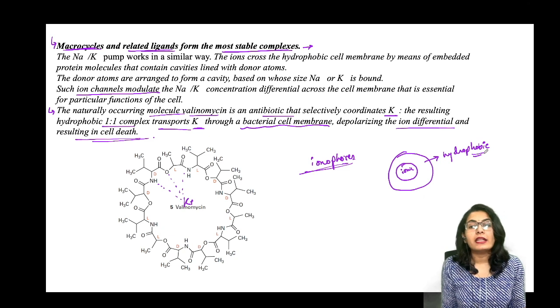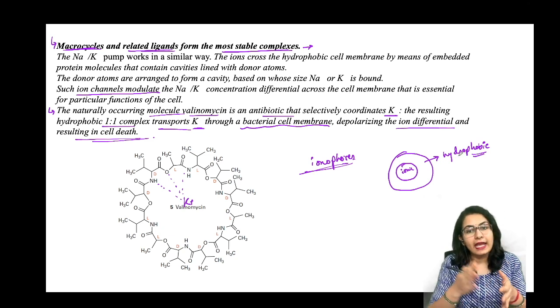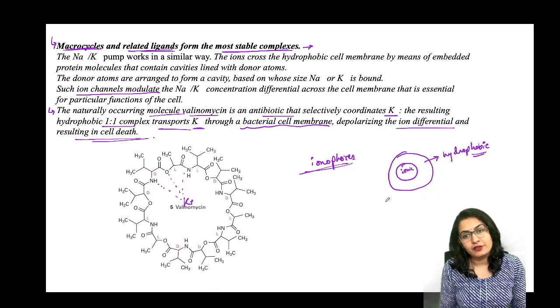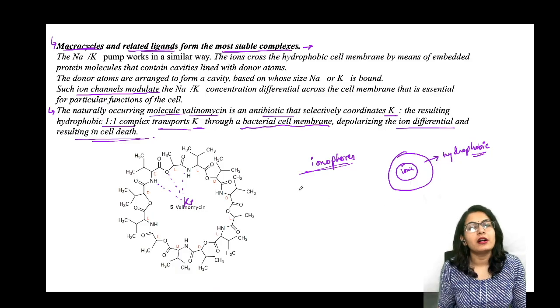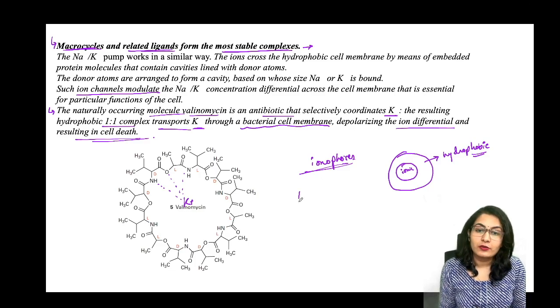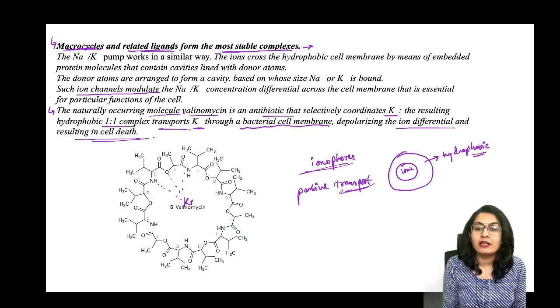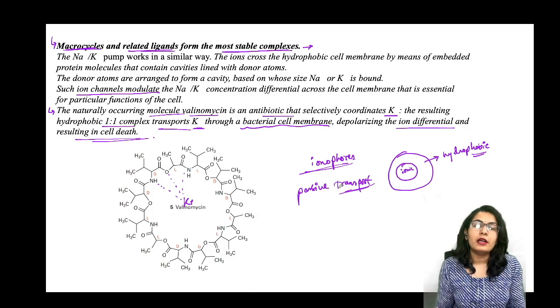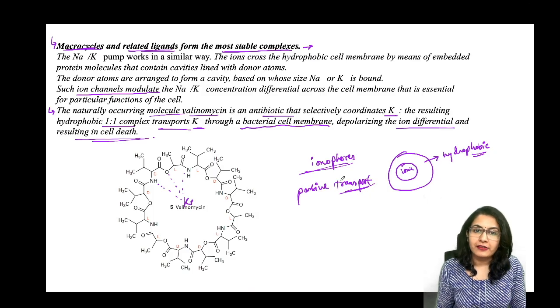This way, these kinds of molecules can carry metal ions through the cell membrane without consuming energy. So ionophores are used for passive transport. Without taking up a lot of energy, they just carry the metal ion right through the cell membrane.